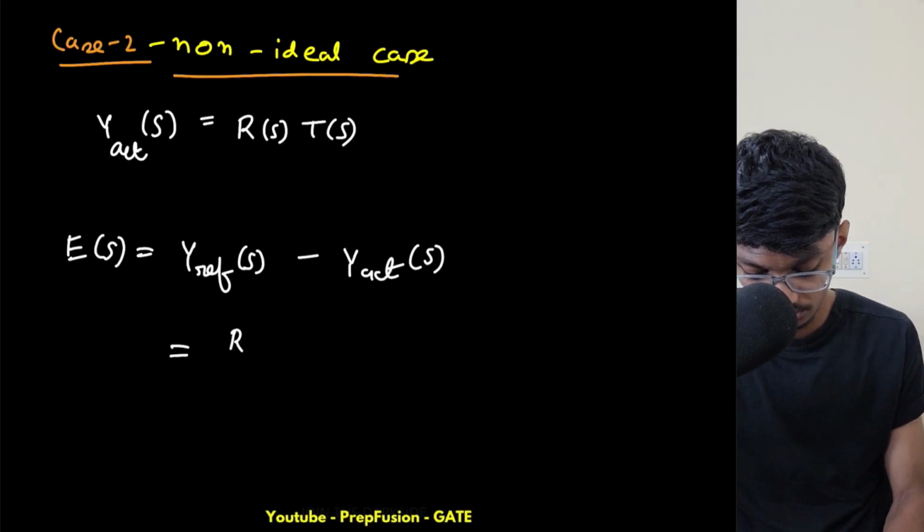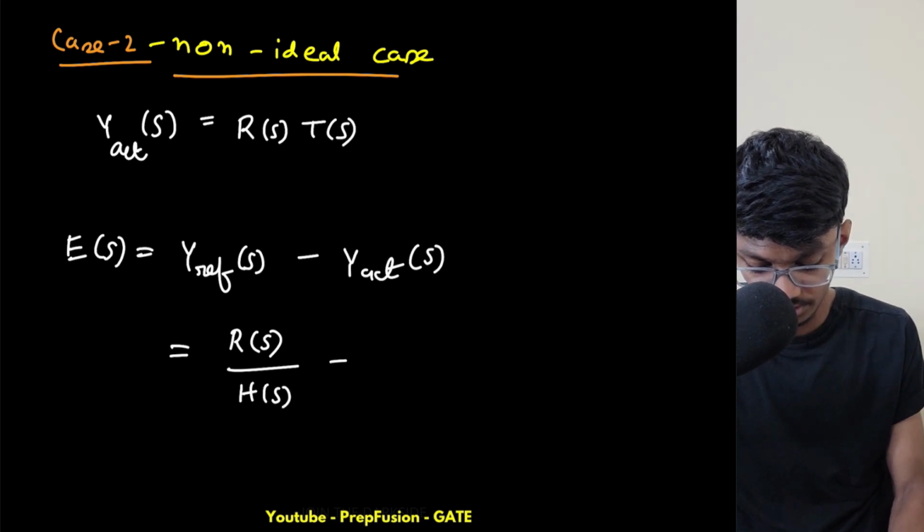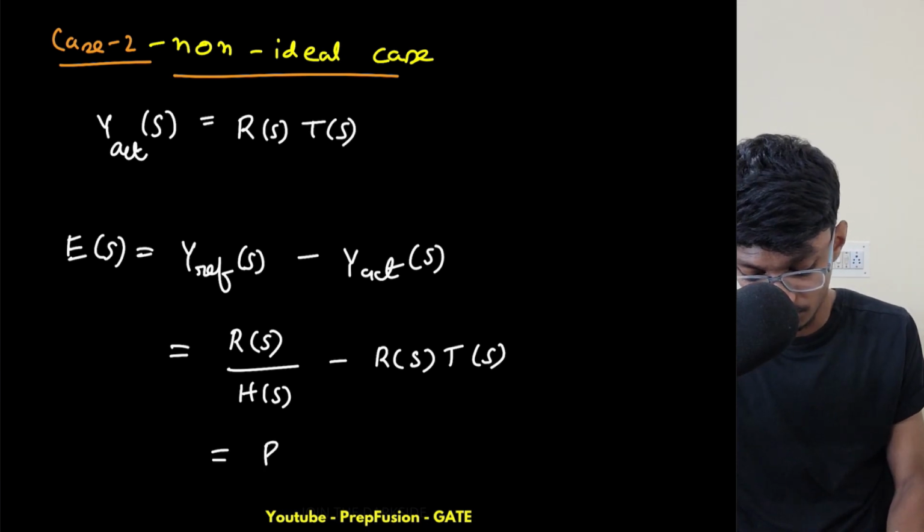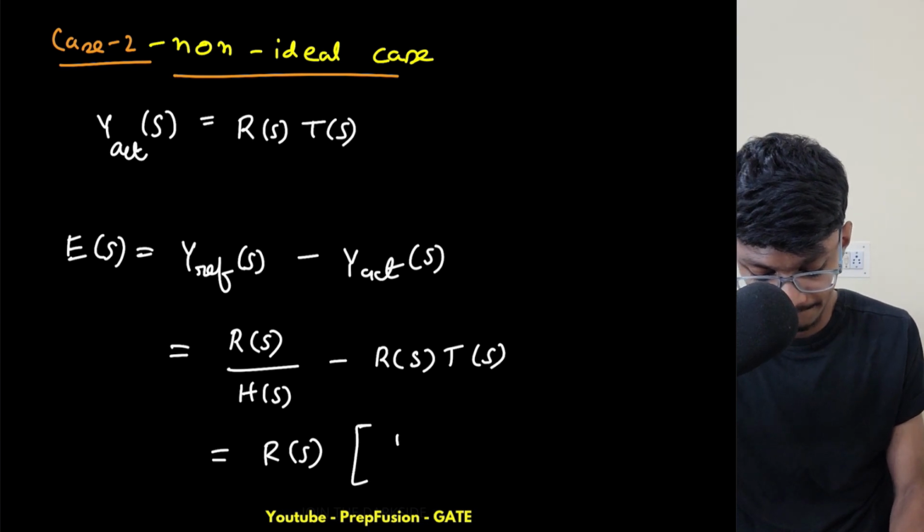So it becomes r of s by h of s minus r of s into t of s. Now you can take a common r of s, and this is 1 by h of s.